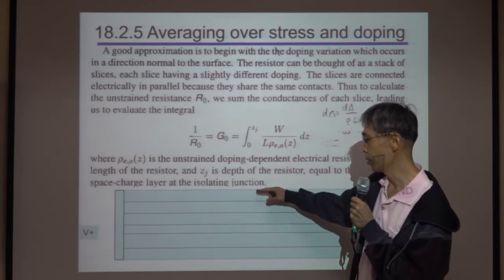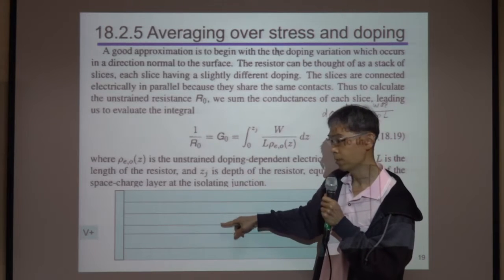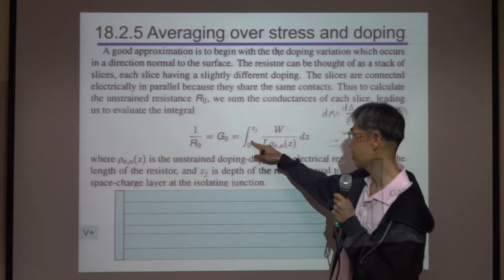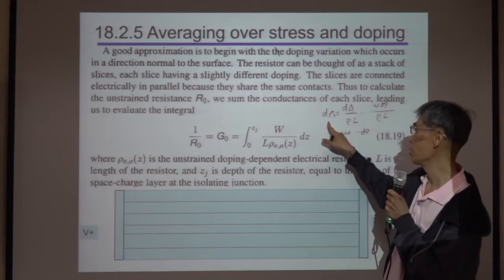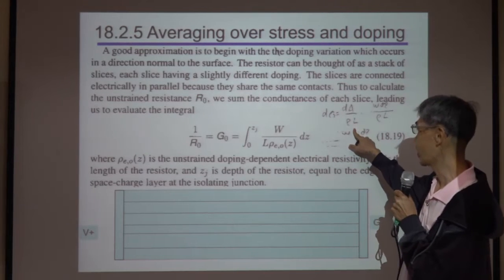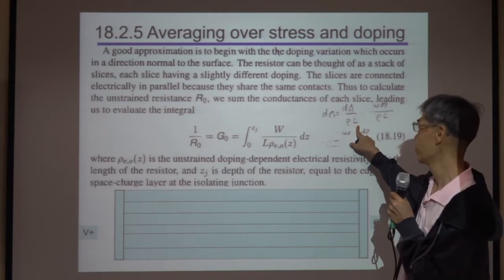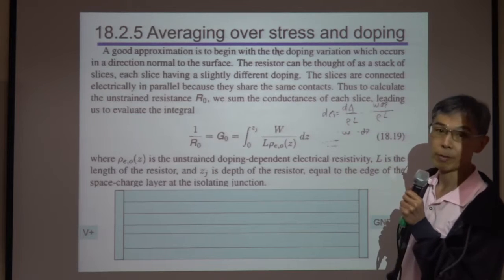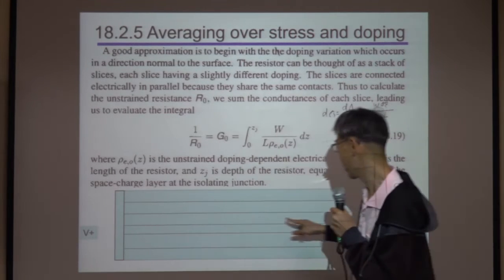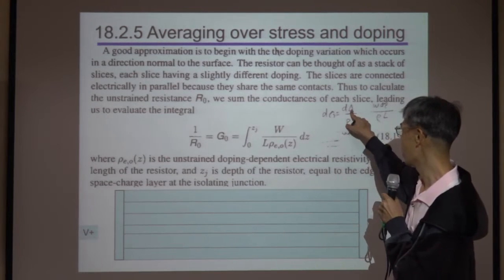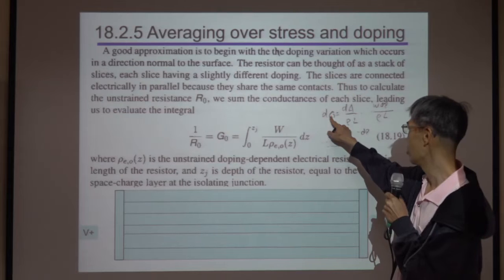For parallel connection, we add their conductances to get the total conductance. Resistance equals rho L divided by A, so conductance equals A divided by rho L. At the beginning, they have the same resistivity and the same length L, but their cross-sectional areas are different, dA.